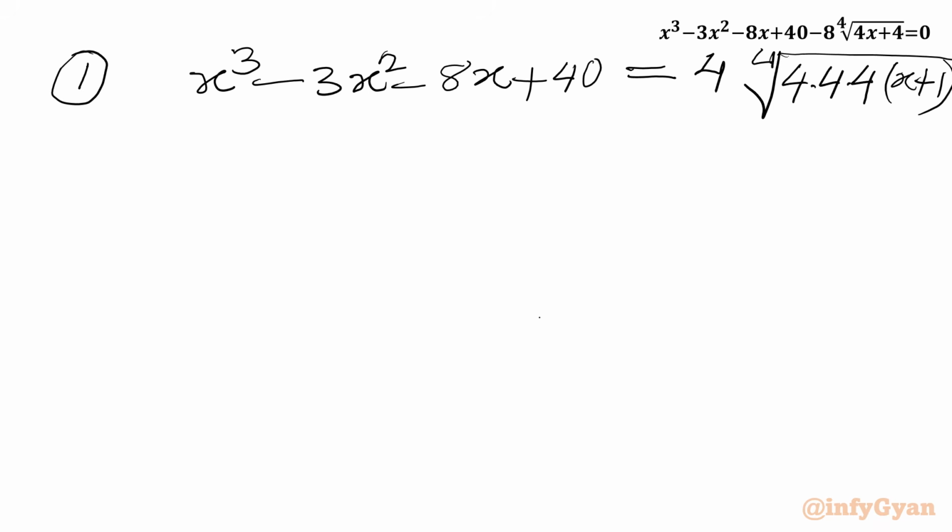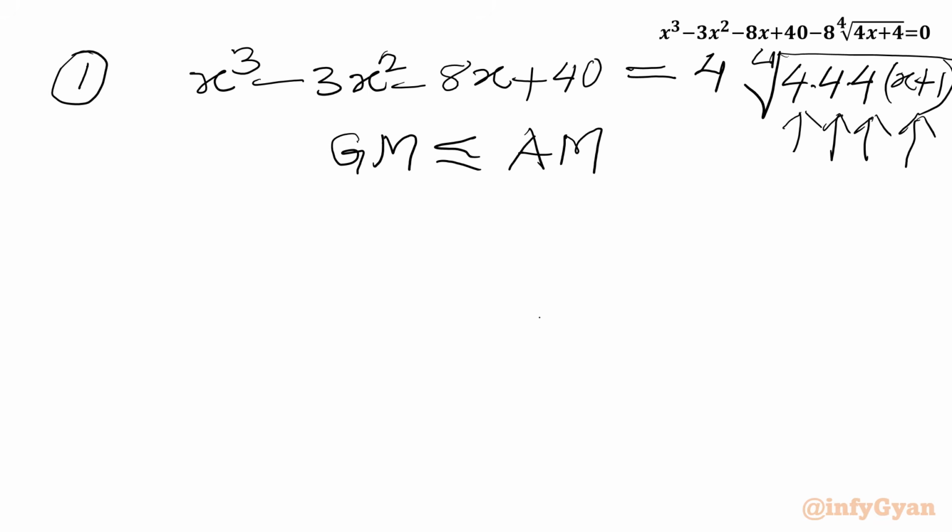Now we will use the AM greater than or equal to GM inequality, or I can write GM should be less than or equal to AM inequality. We have 4 positive numbers: 4, 4, 4 and x plus 1. Let's figure out the arithmetic mean of these 4 numbers.